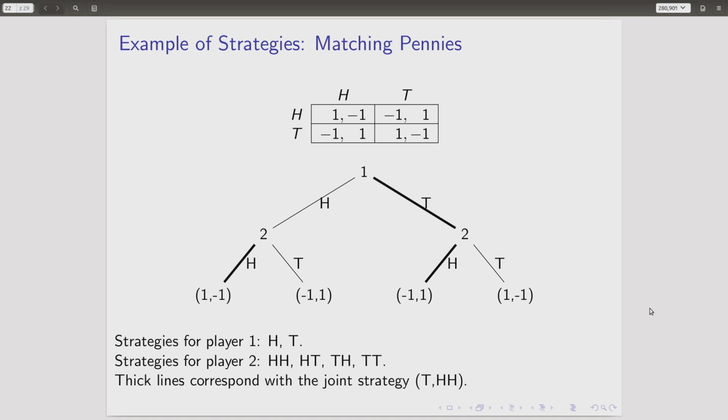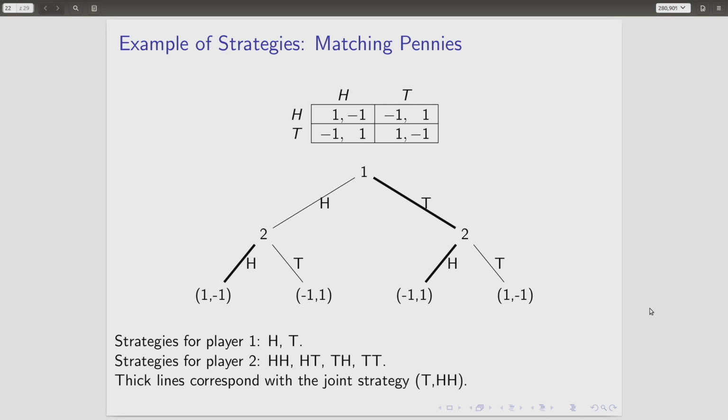And this, what is marked here in bold, is the joint strategy, where I marked what strategy is chosen by player 1 and what strategy is chosen by player 2. For player 2, I had to mark for each of these two nodes what he chooses.